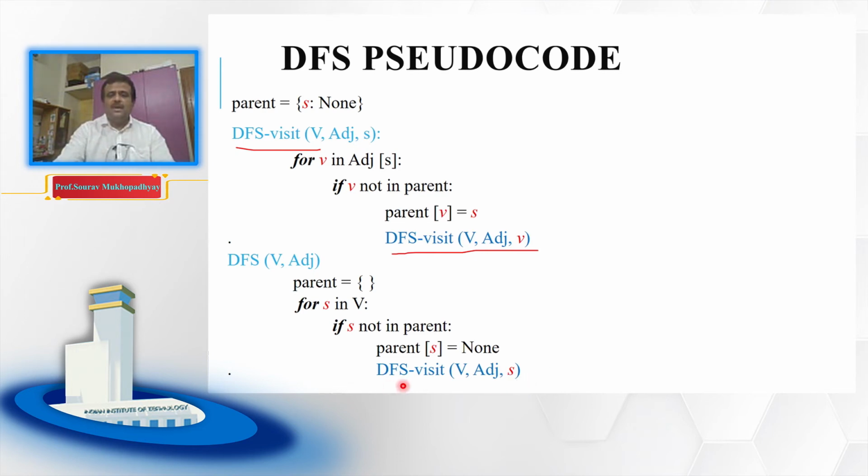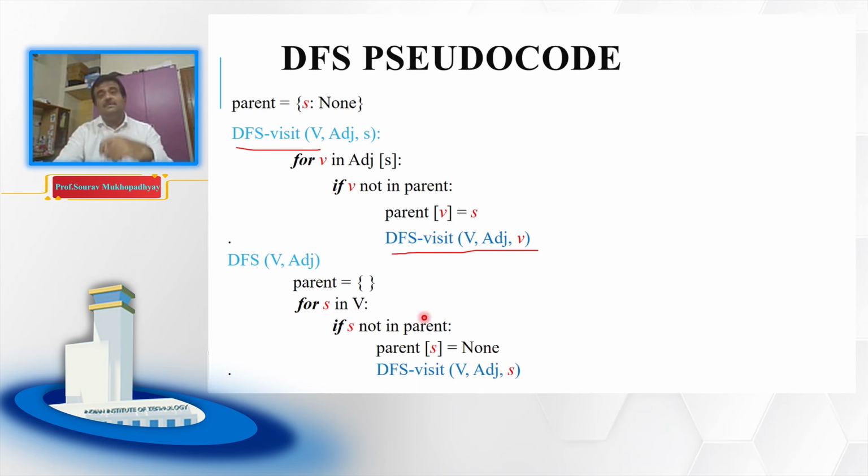It follows the path until we are stuck. After finishing this code, it will explore all the vertices which are reachable from S. Then we take another vertex, and if it is already done, we do not do anything.